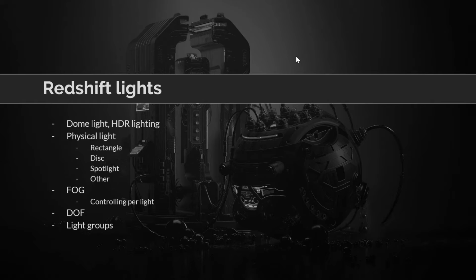We will also play with fog a little bit and see how we can control fog per light. At the end I'll also add depth of field, and I'll show you how to set it up for the scene. The last thing that we will look into is light groups and how to name them and separate them into a couple of different light groups, which we can use later for compositing.